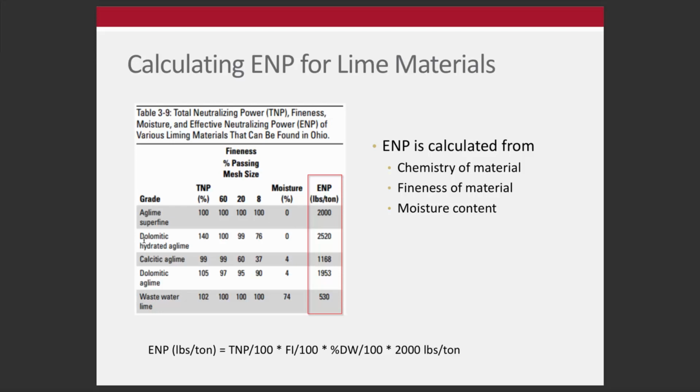And you can see that some things, dolomitic hydrated ag lime, have a greater neutralizing power. The higher this number, the more effective it is as a liming source. And some things like wastewater lime have much, much lower. So this wastewater lime is essentially 25%, or a quarter, of the neutralizing power that our standard ag lime would be. Okay.